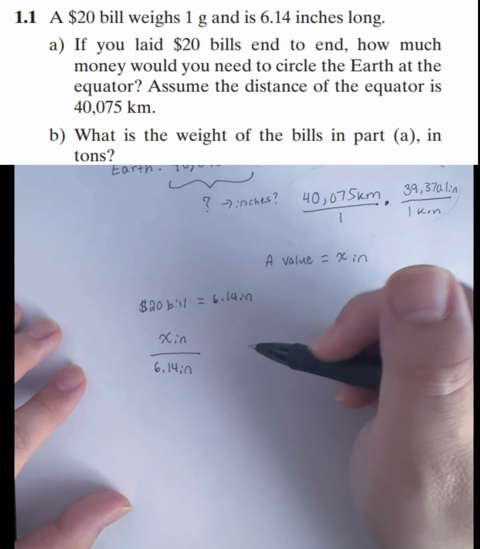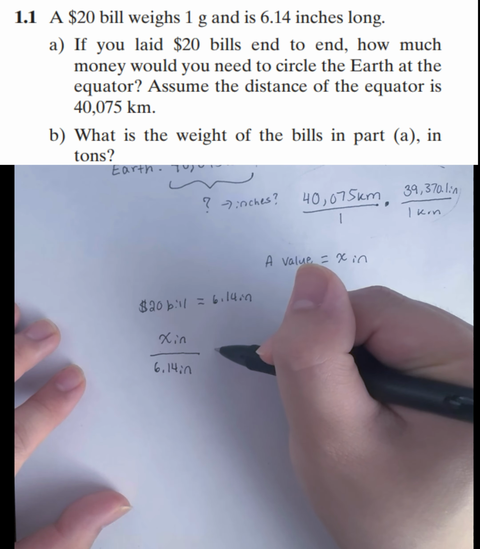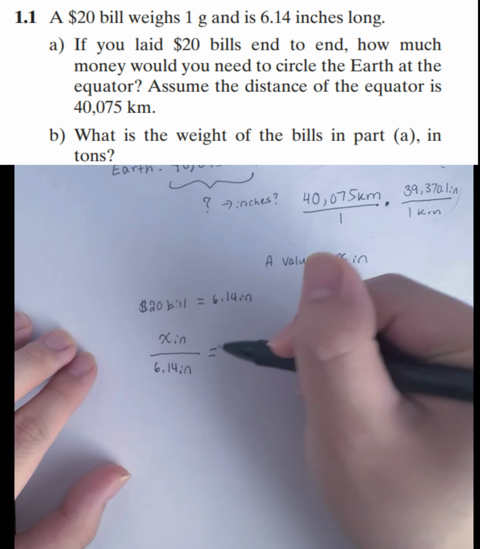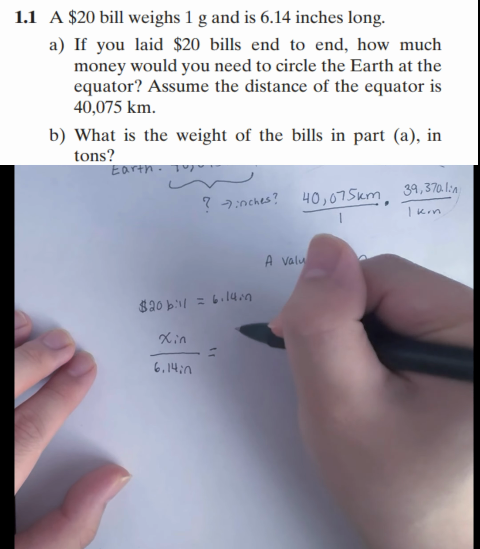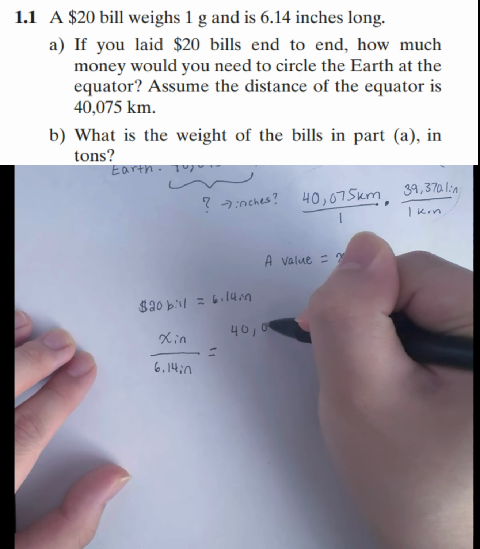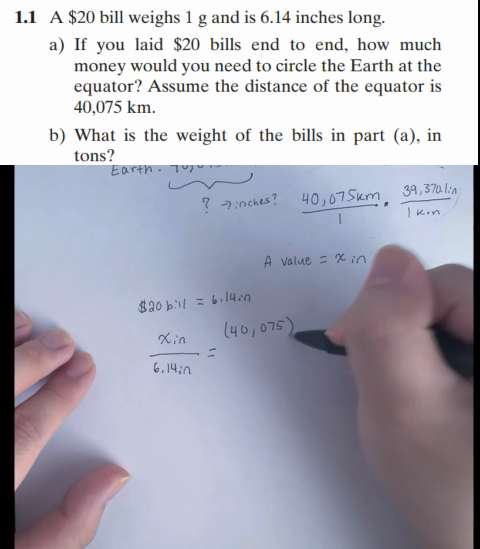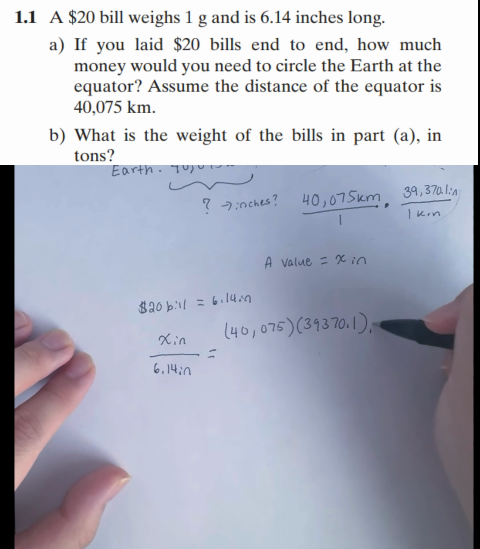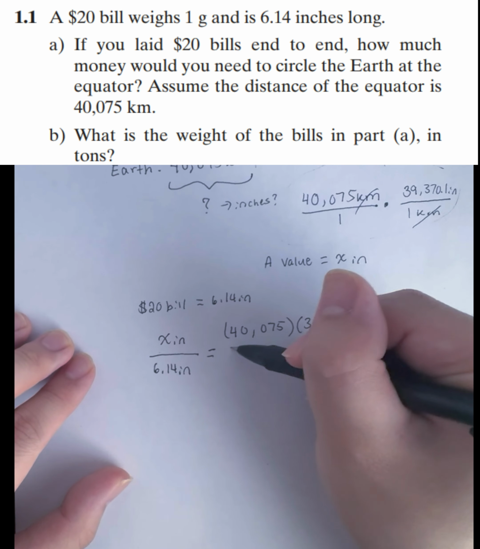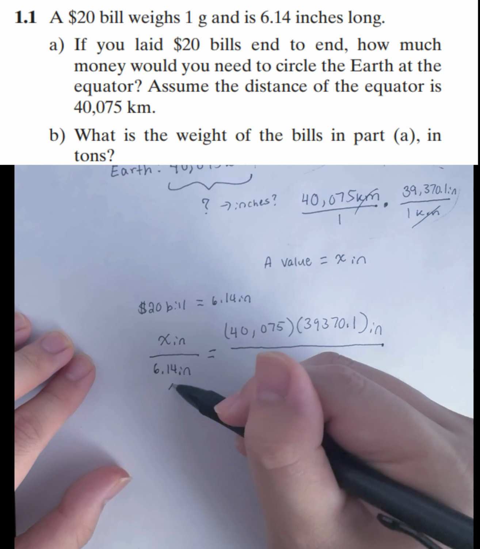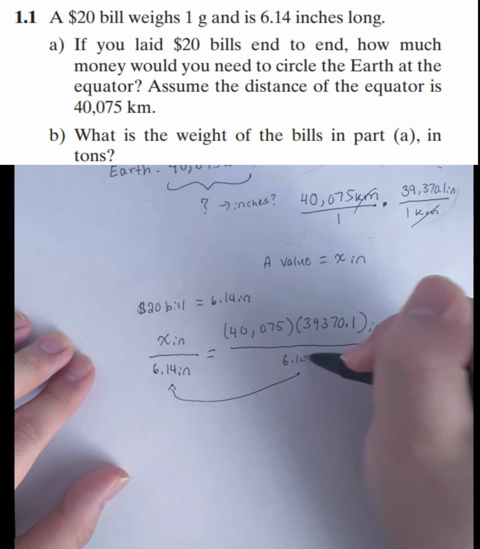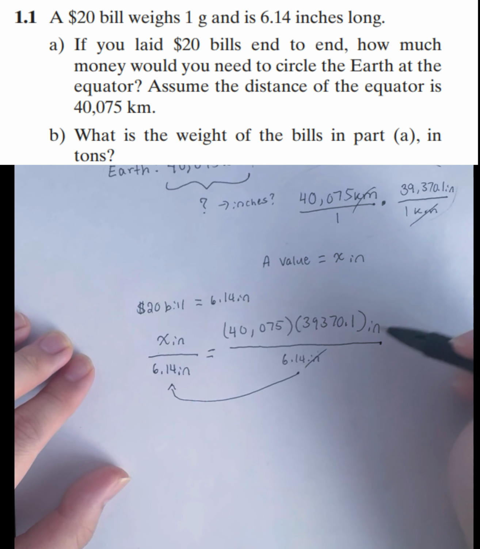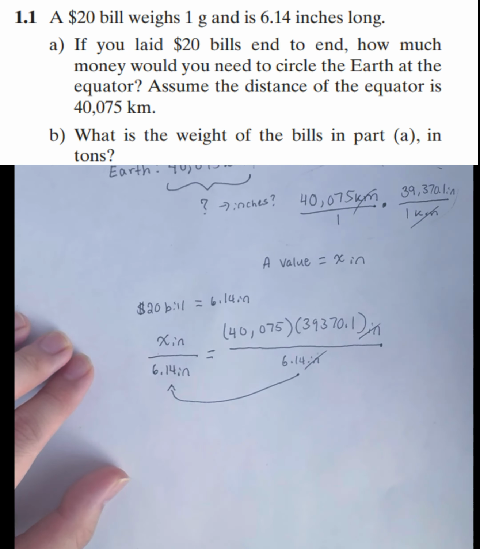Let's write out the equation explicitly. The unit is going to be inches because they cross out, divided by 6.14 inches. This way the inches cross out and we're left with the number of dollar bills, right?